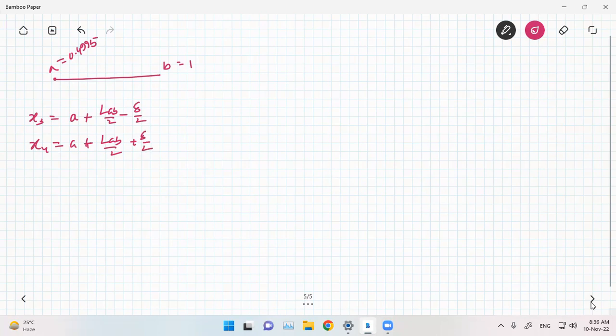This time A has changed, and A value is 0.4995, no doubt about it.